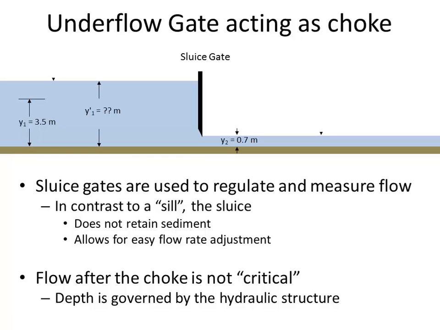9.125 meters will equal y prime 1 plus q squared divided by 2g y prime 1 squared. So we're going to solve for what is that new depth that will give us the 9.125 meters of energy that's needed. Okay, so if we substitute in the values that are known, we get an equation that's y prime 1 cubed minus 9.125 y prime 1 squared plus 4.128 is equal to 0.